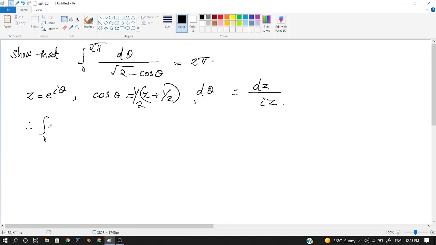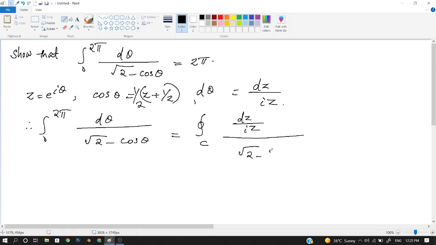Therefore integral 0 to 2 pi d theta divided by root 2 minus cos theta is equal to closed integral over C. Now d theta is dz divided by iz, then root 2 minus half z plus 1 by z.